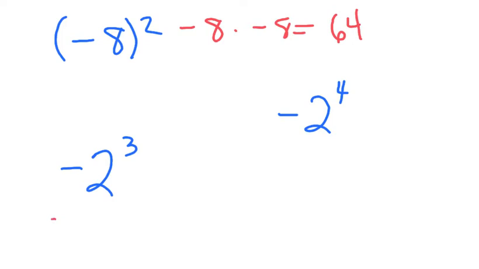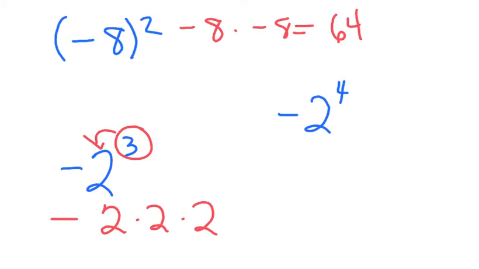This one means negative, and then it means 2 times 2 times 2. The exponent only goes with the 2. It has to have parentheses to go with the whole thing. So you go, well, 2 times 2 times 2, that's 8, and slap a negative on it because it's got a negative. So that's -8.